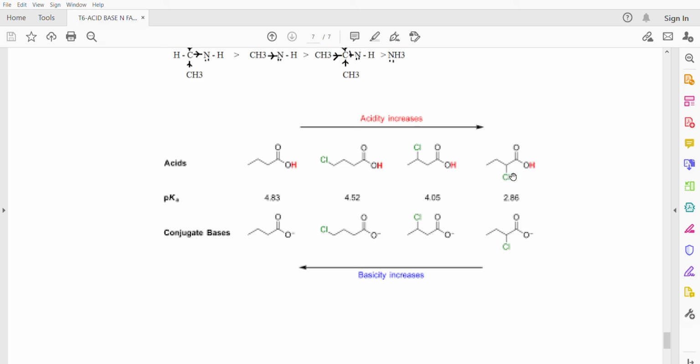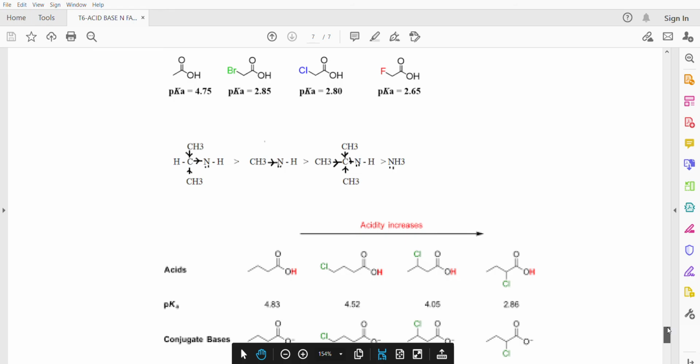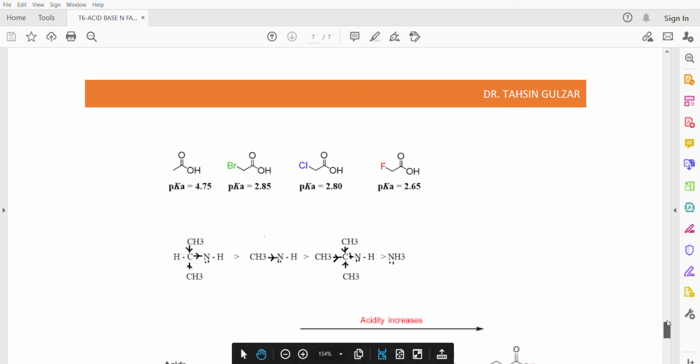Due to the prominent effect of the electron withdrawing group, this conjugate base is stable, so it will easily remove the proton. And this is the reverse effect for basicity. If an acid is strong, its conjugate base will be weak.